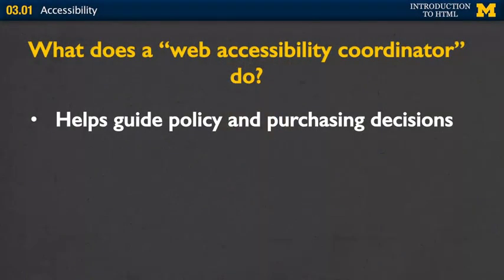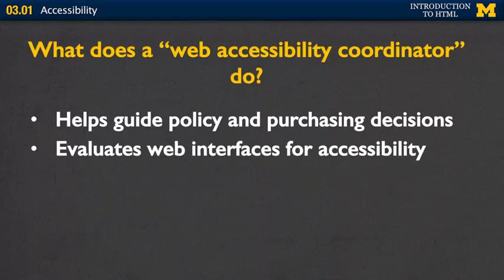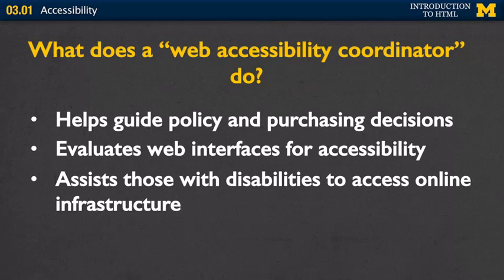So first, one thing they might do is help guide policy and purchasing decisions on what kind of software is most accessible to the widest range of people. Second, they can evaluate web interfaces for accessibility. So by learning just some key tips and tricks, they can go to different pages and find out where there might be pitfalls for people. Third, they can assist people with disabilities to access online infrastructure.